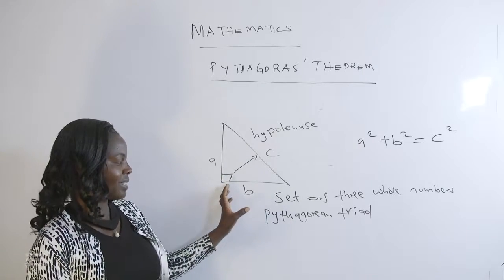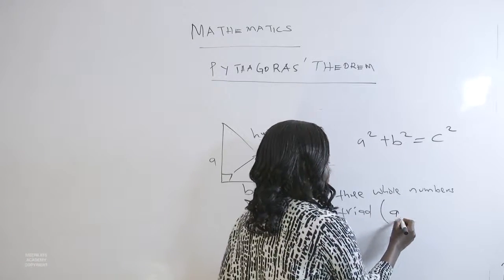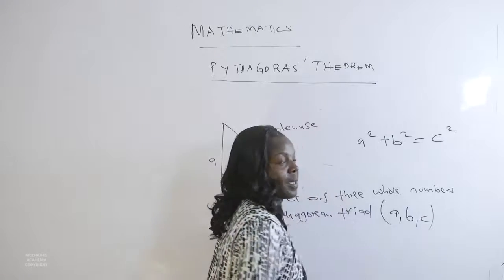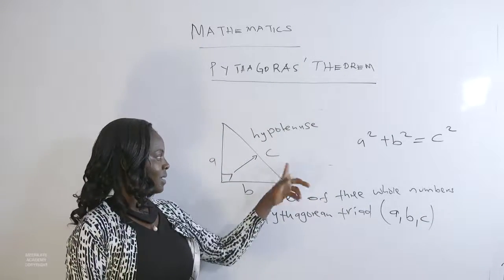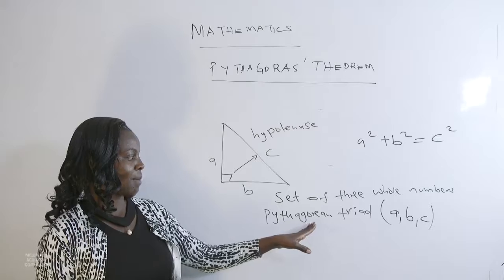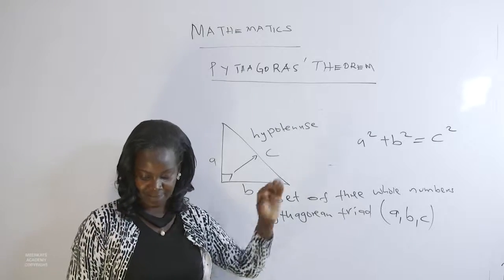For example, in our case, a, b, c is what we are referring to as a Pythagorean triad.